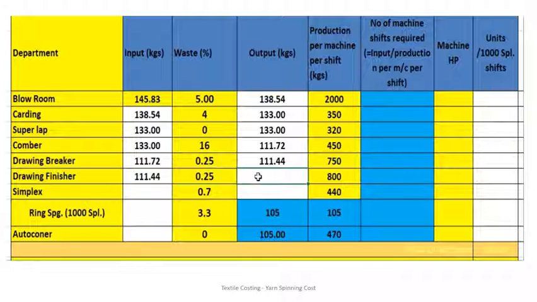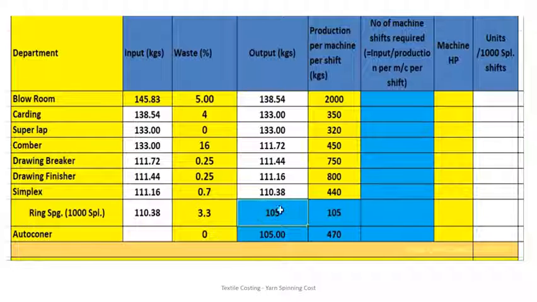Then 111.44 minus 0.25 into 111.44 divided by 100, we get 111.16. This is the input to the simplex. 111.16 minus 0.7 by 100 into 111.16, we get 110.38. And next, this is the input to the ring frame.